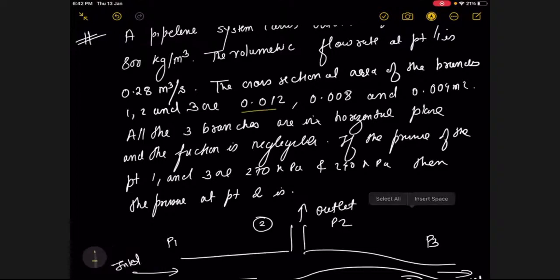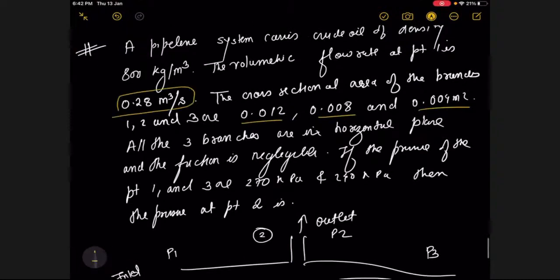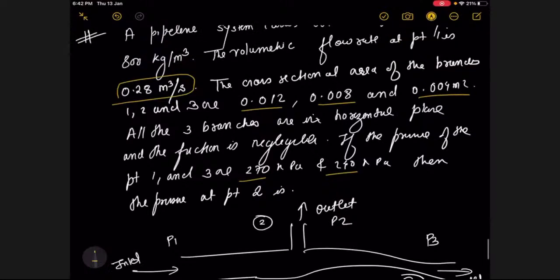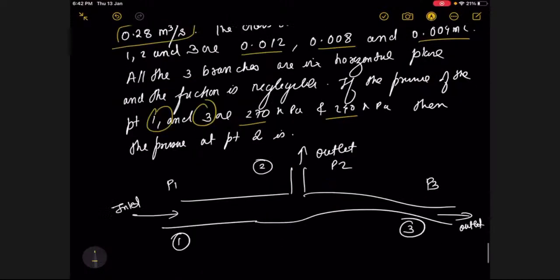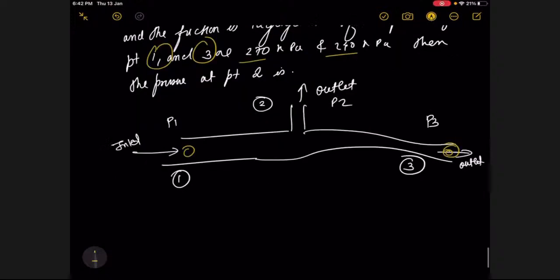So here three cross-sectional areas are given. One flow rate is given. So basically we can write one equation from the continuity equation, and two pressures are given. So if the pressures at point 1 and 3 are given, you can apply the Bernoulli's equation here.